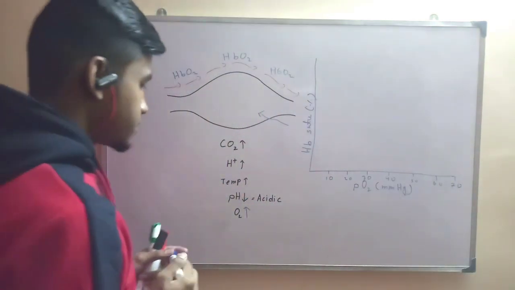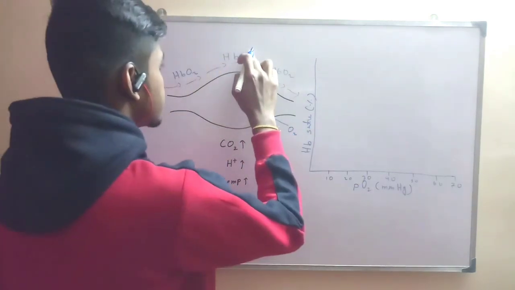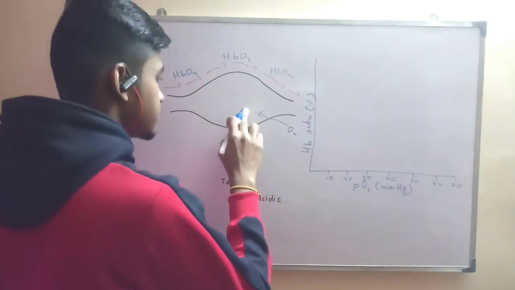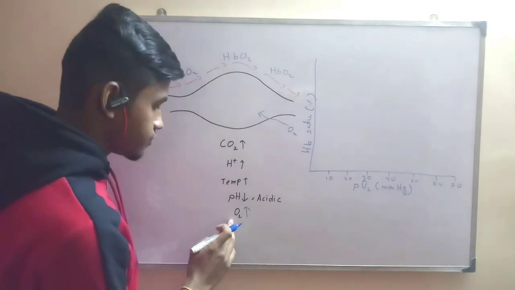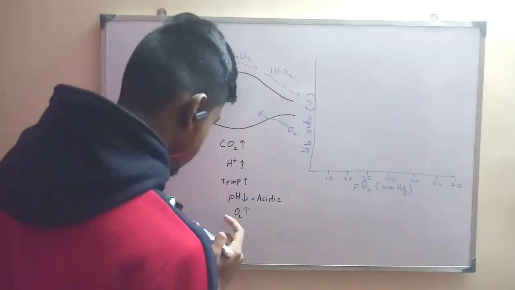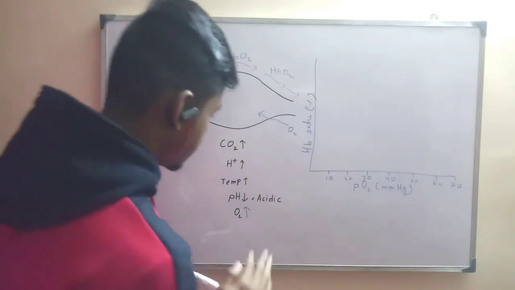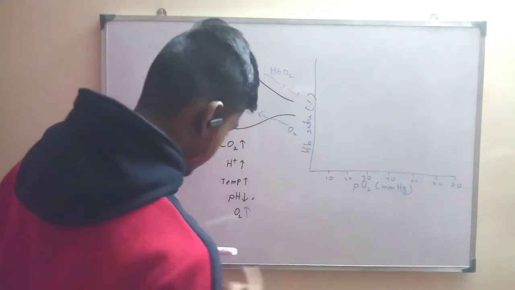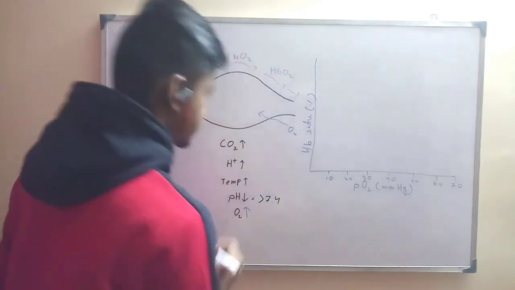So as the O2 is liberating from the hemoglobin and entering into the muscle cell, the O2 increases and the pH also starts increasing, and the pH level becomes more than 7.4.